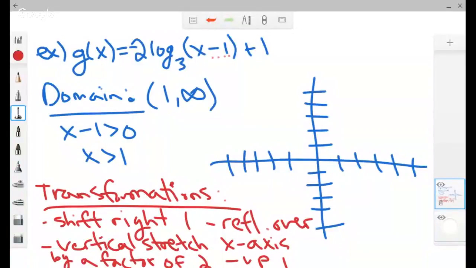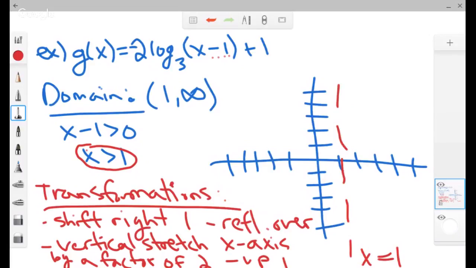So I'm going to go ahead and put my vertical asymptote at x equals 1. That's where that domain comes from that I used. And then I'm just going to use some points to help me out here, to get some anchor points. Again, you can also use the transformations from the parent function. So let's say I plug in 2.